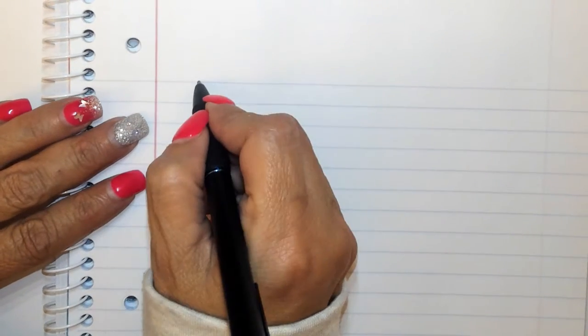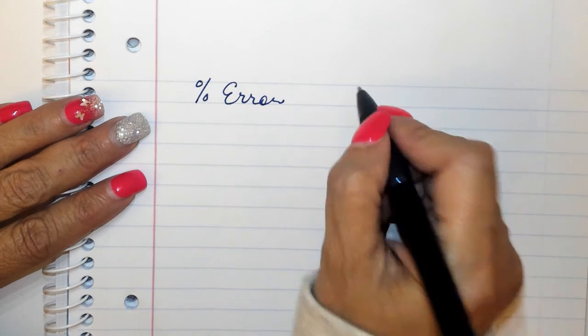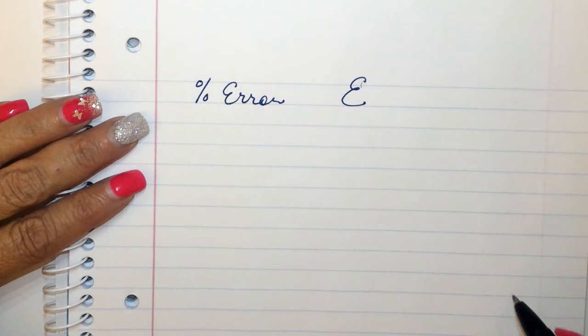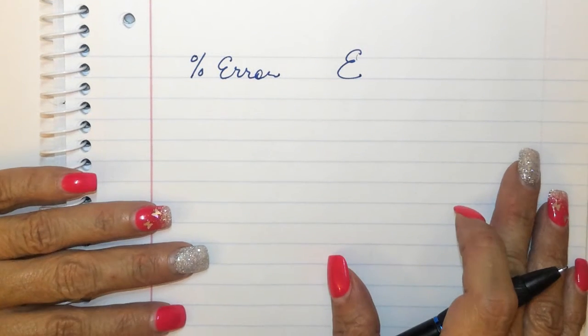All right, the other thing I want to show you is something called the percent error. Okay, and we're going to write it as an E. To me, this one's almost common sense. I will tell you, we are going to see percent error throughout this course a lot.